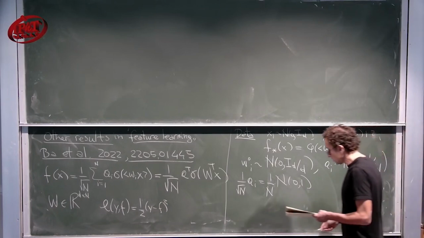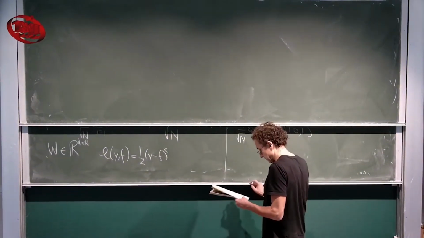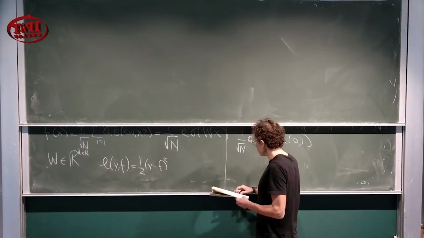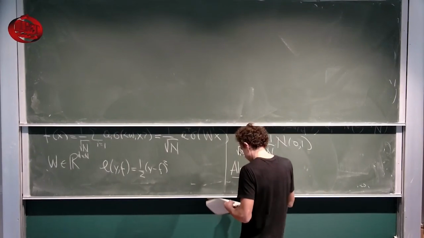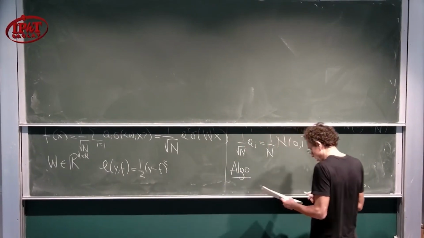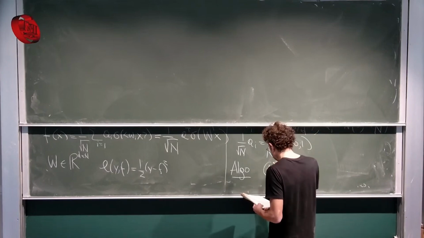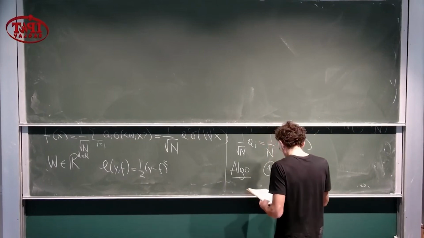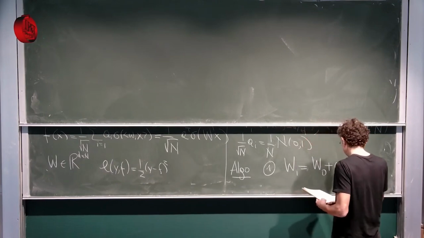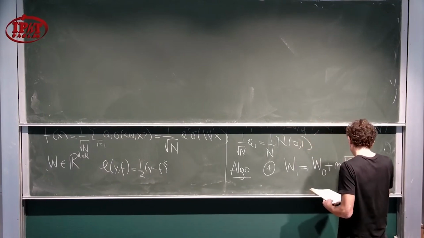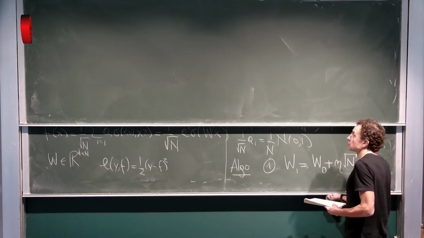So what is the algorithm now? We look at a different type of algorithm. They do one step of gradient descent on the first layer weights theta, where G0 is the gradient.